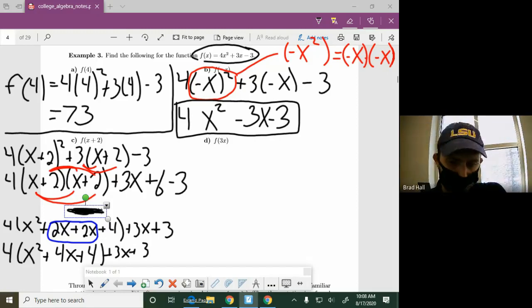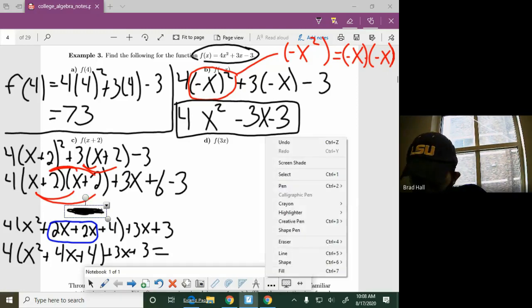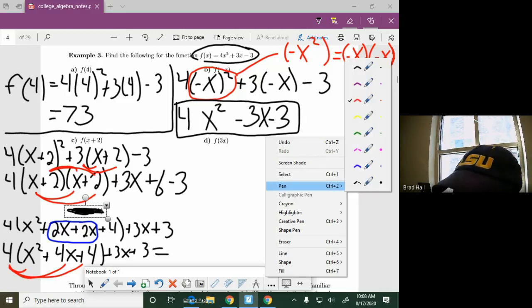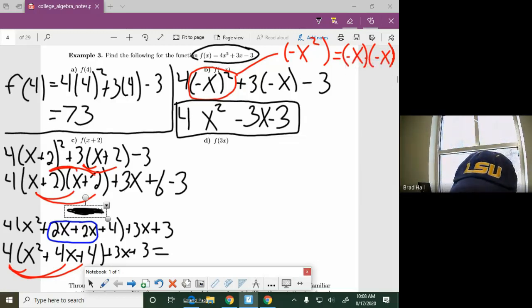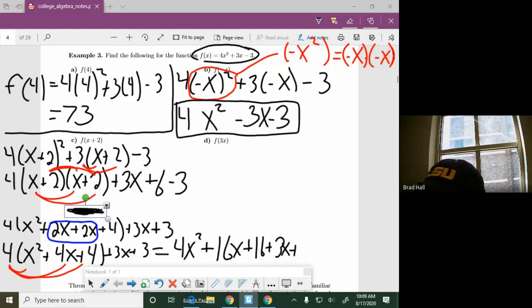So that's all I did, just added the 2x's together. Now I can distribute the 4. So x squared, 4x, and 4. Four times x squared, 4x squared. 4 times 4x is 16x. 4 times 4, 16. Plus 3x plus 3.